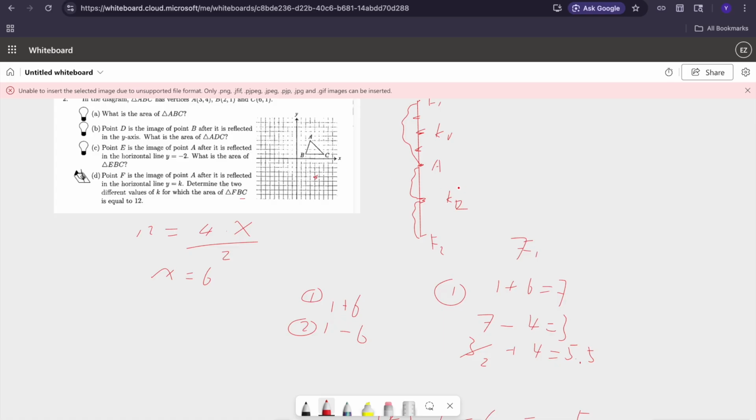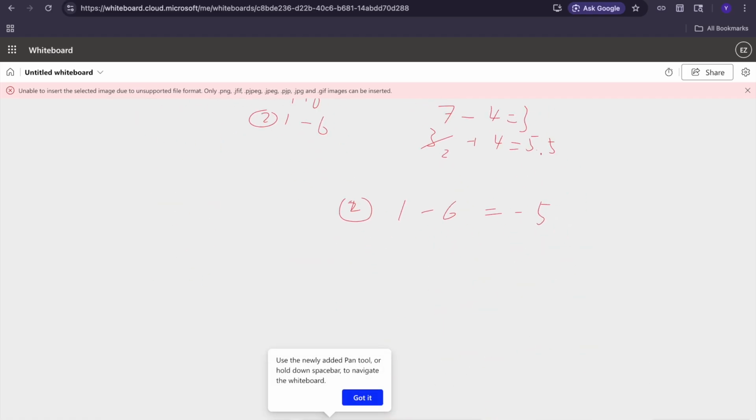So to find the value between F2 and A, let me wait for a moment, because minus 5 is the y coordinate for F2.